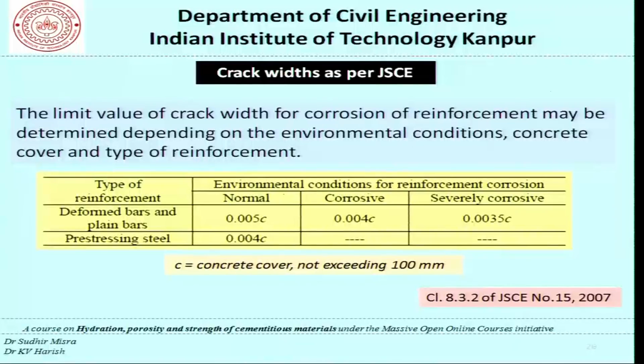You will recall that this normal, corrosive and very severe is exactly the kind of three classifications of structures that we talked about from the point of view of corrosion, but we must remember that there is a maximum stipulation as far as the cover is concerned, that concrete cover should not exceed 100 millimeters.